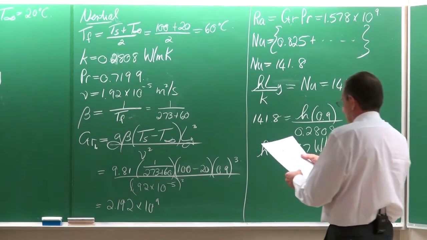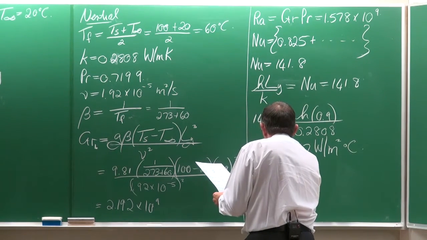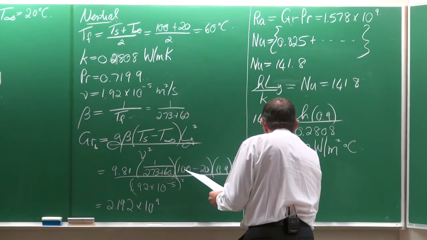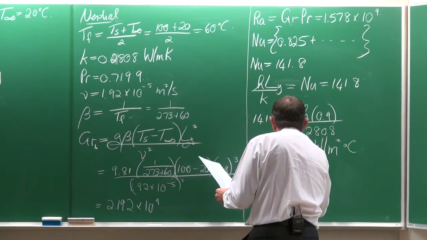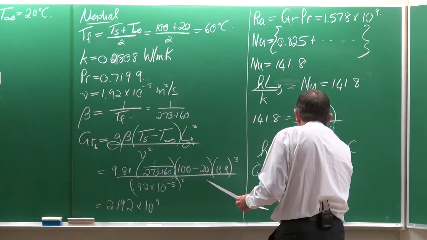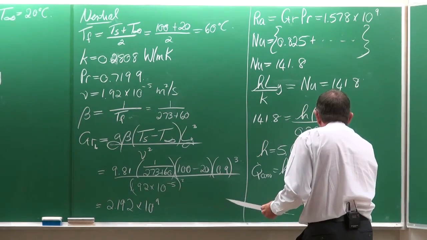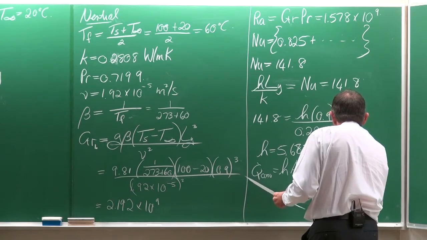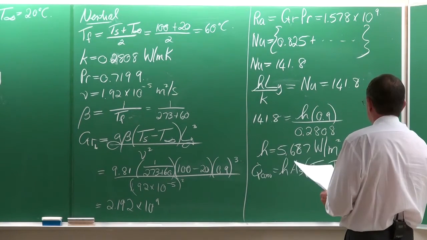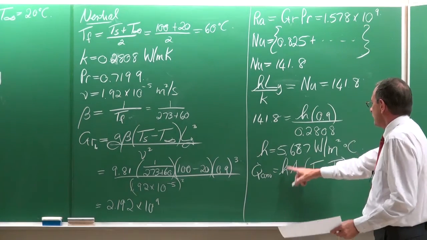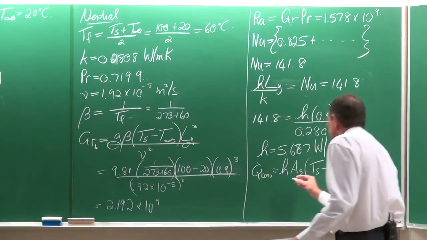Right, now that we've got that, we can calculate the convection heat transfer, and the convection heat transfer is equal to the heat transfer coefficient multiplied by the surface area multiplied by Ts minus T infinity. Heat transfer coefficient is equal to 5.687.